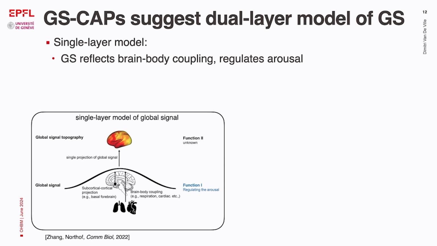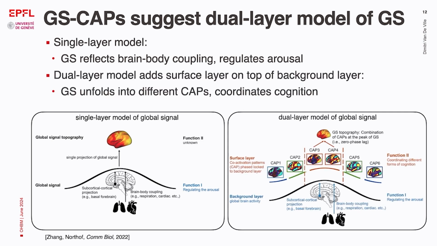But next to such a single layer interpretation, you could also move forward to a dual layer interpretation, which is actually suggested by the global signal CAPs that I just showed you before, where on top of this background layer, there is a foreground layer, which is showing us that the global signal unfolds into these different global signal CAPs.